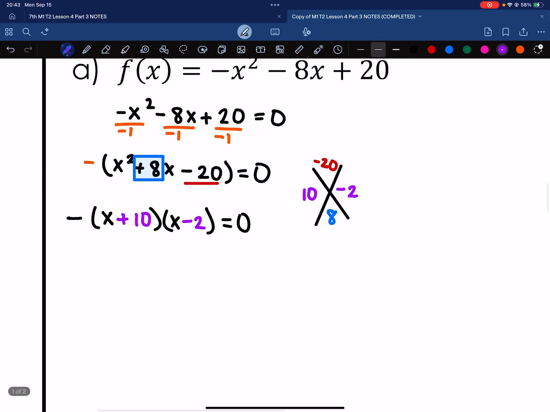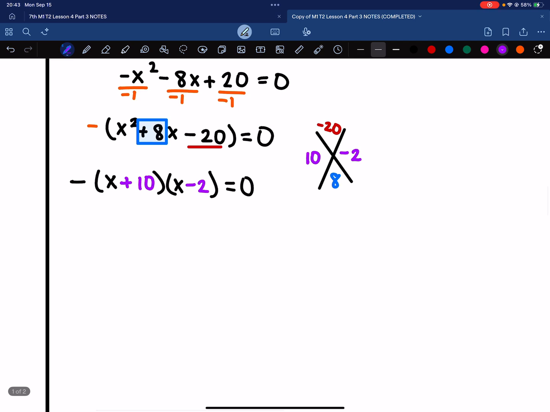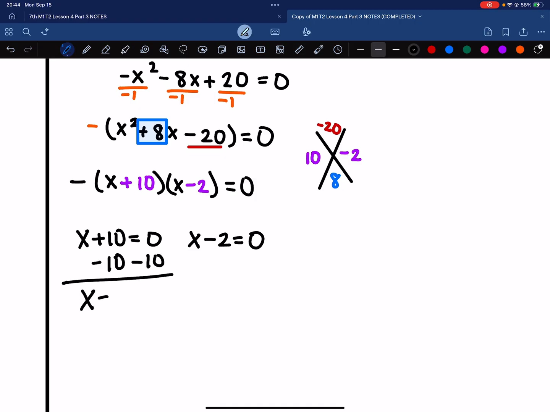Now that we've done that, you can set each factor equal to 0 and solve each one. We subtract 10 from both sides, and we get x is equal to -10. On this one, we add 2 to both sides, and we get x is equal to 2.